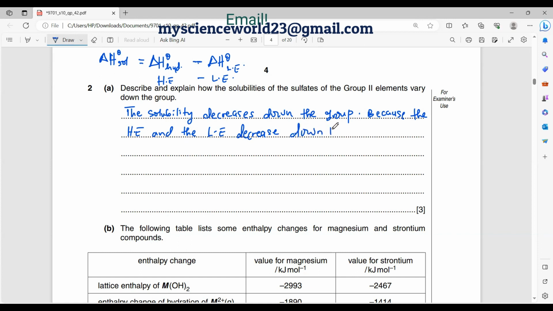Now you can elaborate a bit on this. Why do you think the hydration and the lattice energy decrease down the group? This is due to the increase in ionic radius down the group, right?